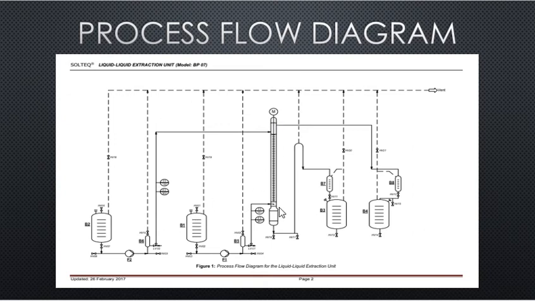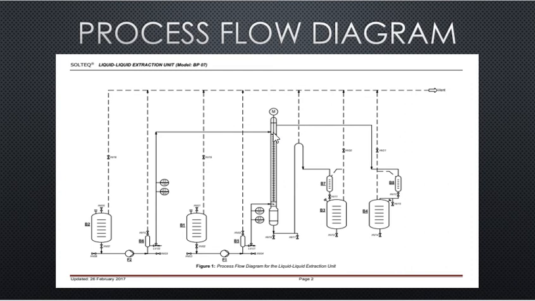The second part is the rotating disc column. This tall equipment is called the rotating disc column. In the process, the feed from these two vessels will flow into the rotating disc column. The effective height of this column is 2 meters.